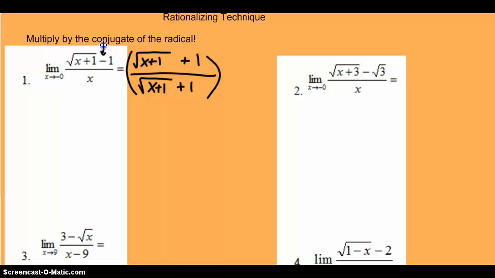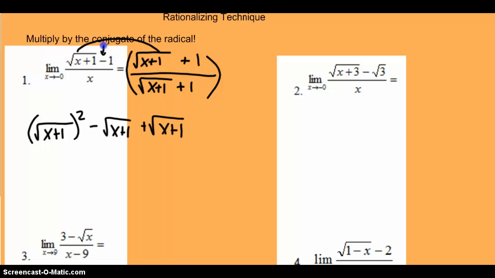I will double distribute here, and I'm going to have radical x plus 1 times radical x plus 1, or radical x plus 1 quantity squared, minus radical x plus 1, that came from the inside term, plus radical x plus 1, that's the outside term, and lastly, negative 1.